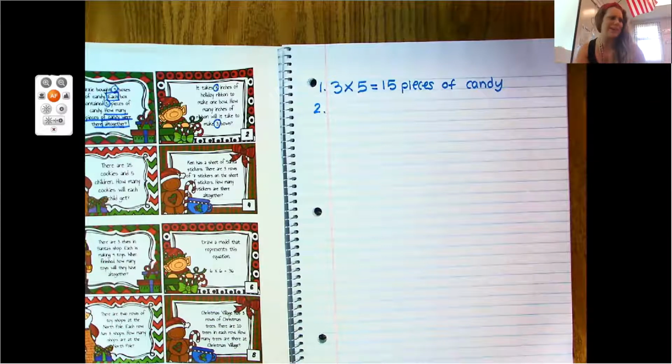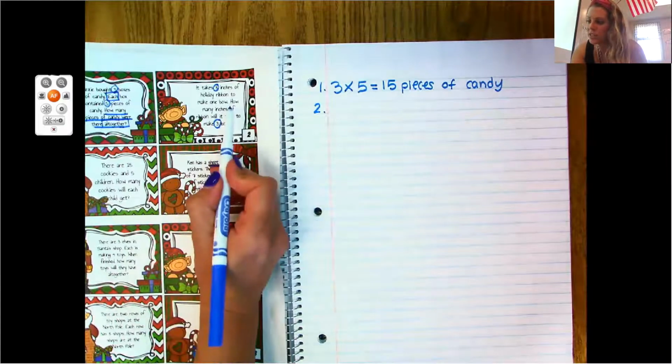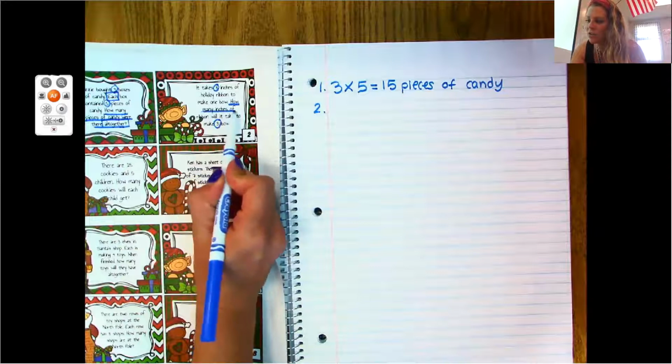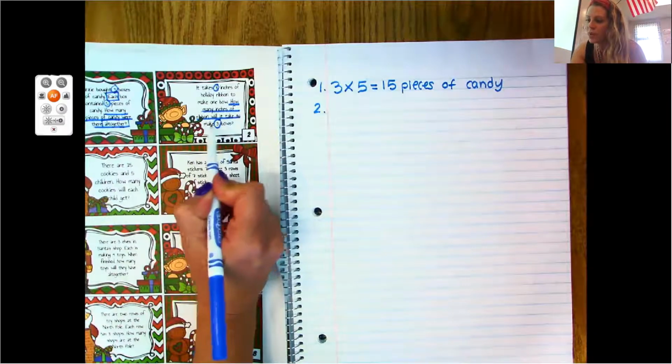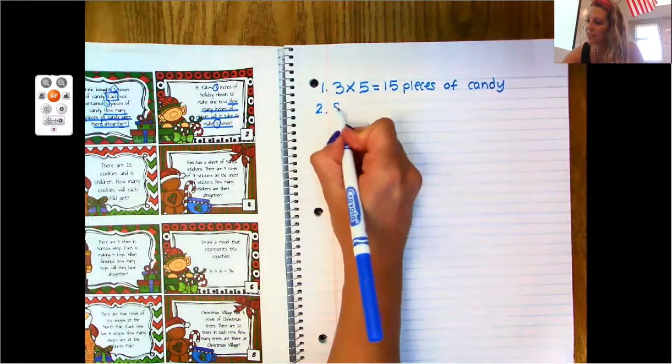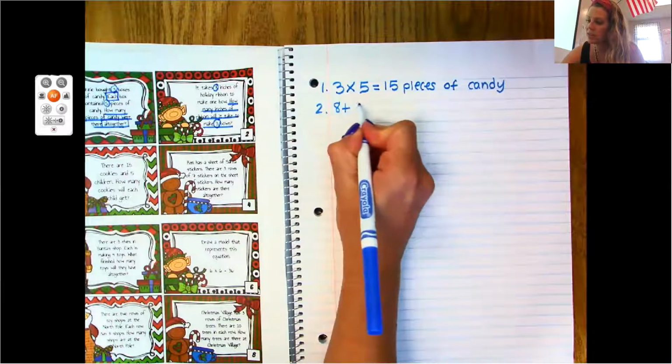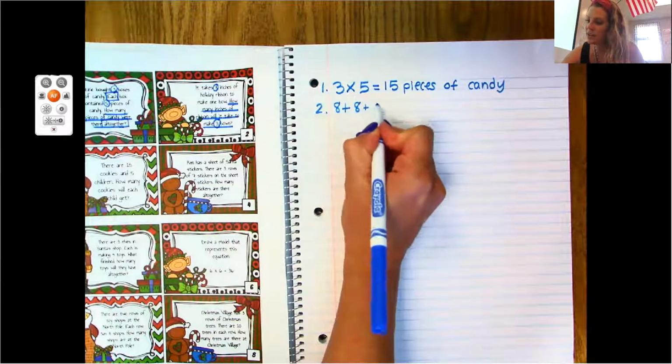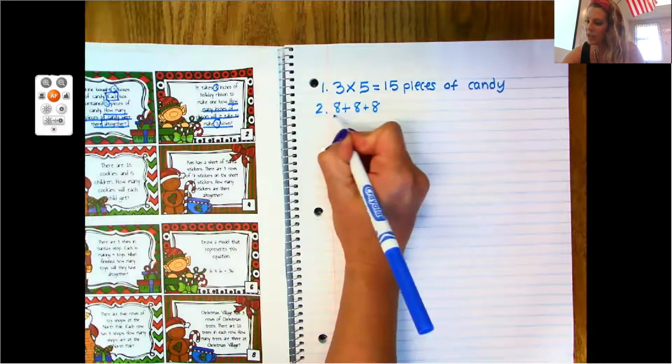I don't see any of my keywords here. Do you? So sometimes there won't be any. But our question says, how many inches of ribbon will it take to make 3 bows? Okay, that's kind of like saying this, 8 plus 8 plus 8, right?